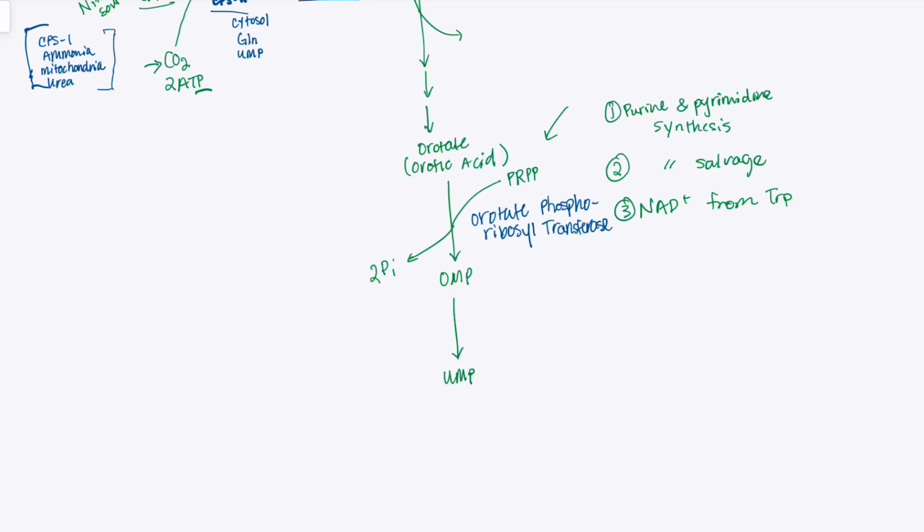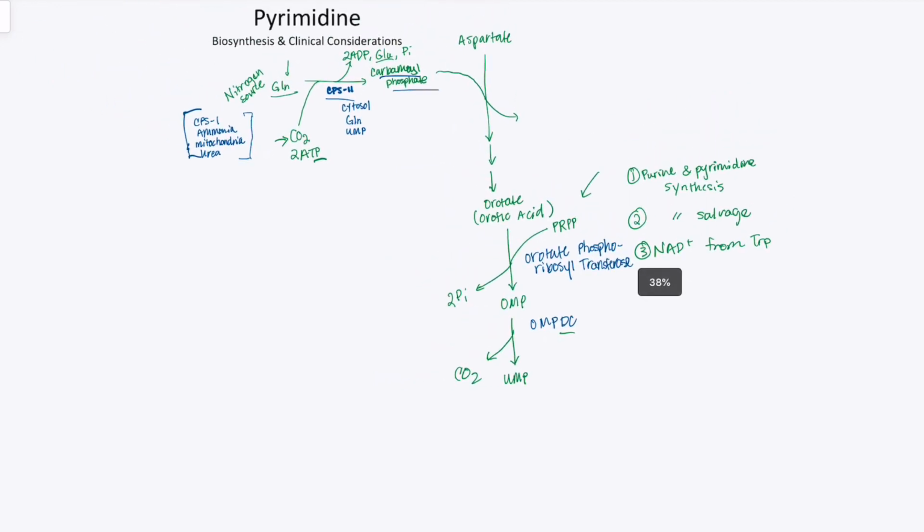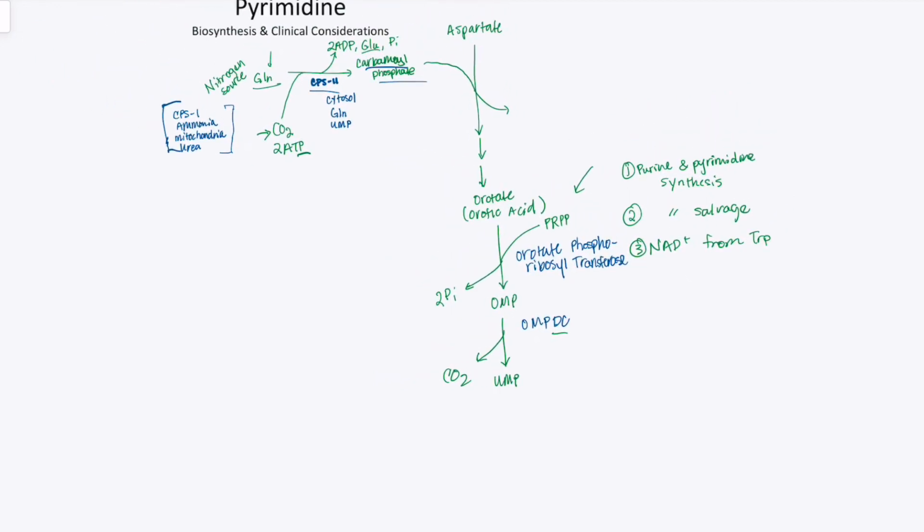And down here, we're going to have another important enzyme called OMP decarboxylase. And what's going to happen anytime we have a decarboxylase, we're essentially going to be kicking out a CO2 because we're decarboxylating it, right? So why am I telling you guys about these specific enzymes? So we have CPS2, orotate phosphoribosyl transferase, and OMP decarboxylase.